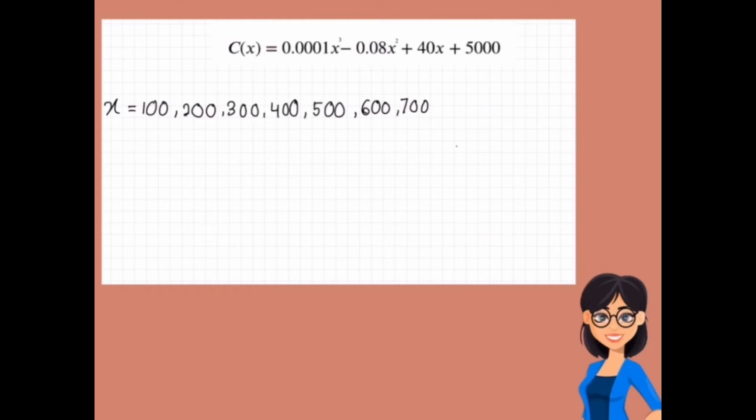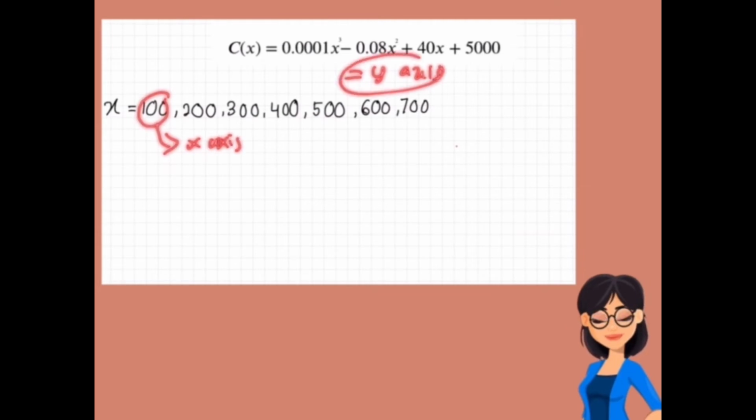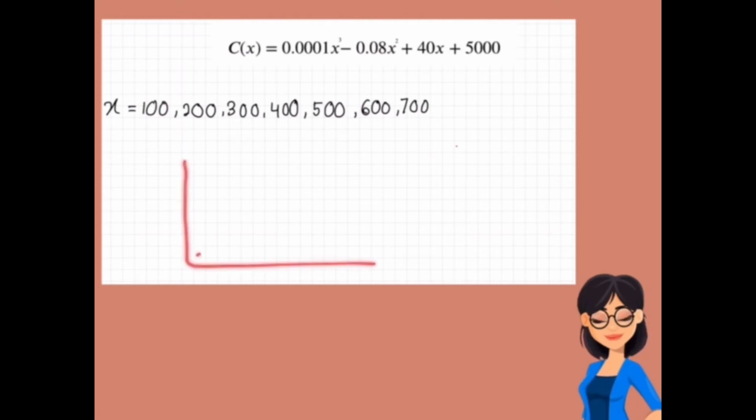So every time we substitute a number of x into the equation, we get the answer for the y-axis. The x values and C(x) values must be aligned so that we have the points for plotting the graph.